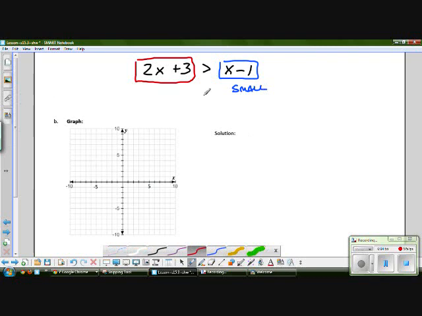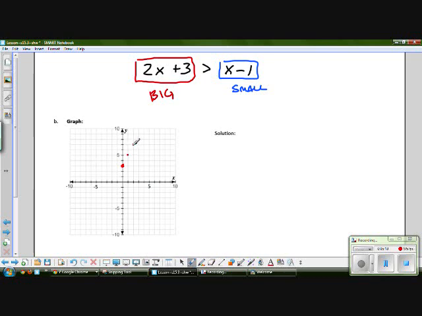When I'm graphing this, the work we put in last semester is going to pay off. We have a y-intercept of +3, so boom, boom, boom, and we're going to rise 2 each time: run 1, rise 2, run 1, rise 2, run 1.